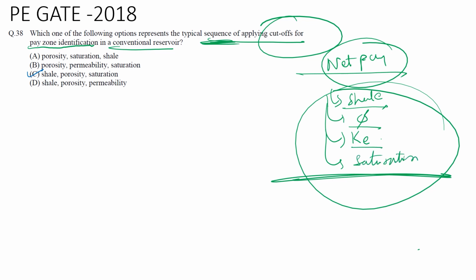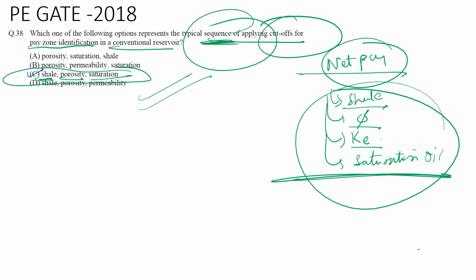In this question we need to identify the sequence of applying cutoffs. The sequence would be first shale, second porosity, and third saturation. For this question you need knowledge of volumetric calculation and of net pay cutoffs, which I mentioned in my volumetric calculation session.